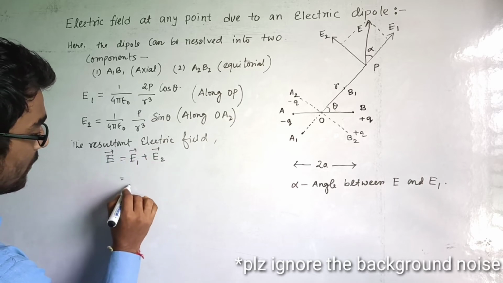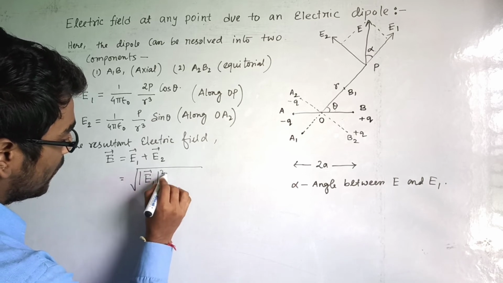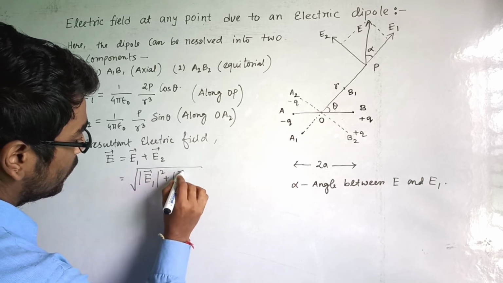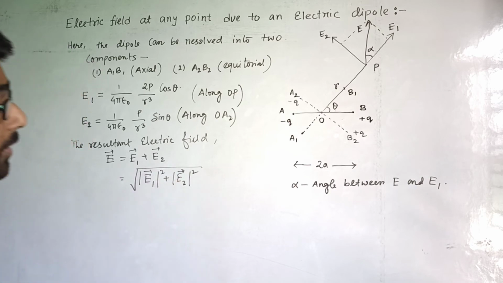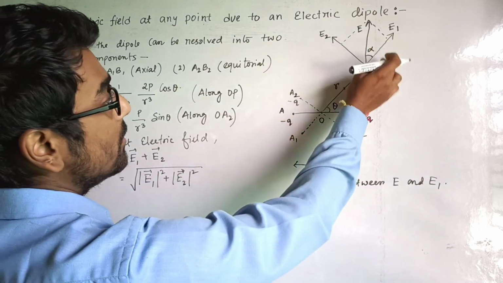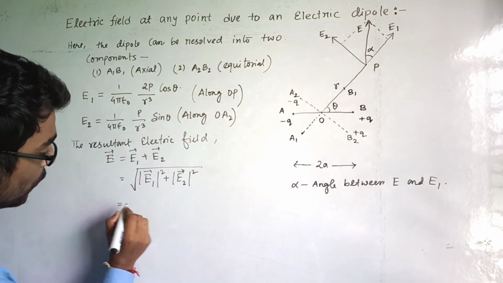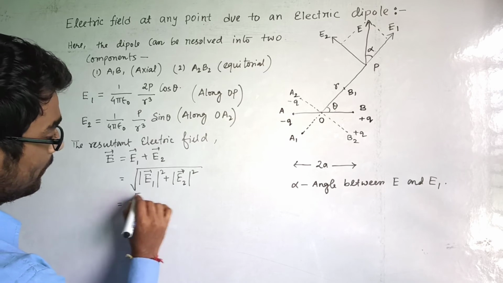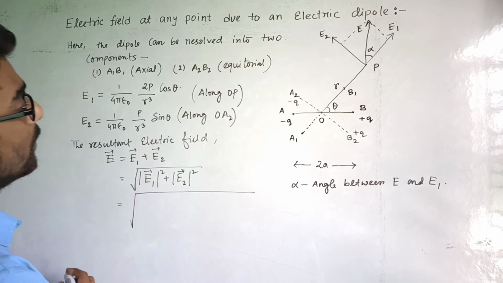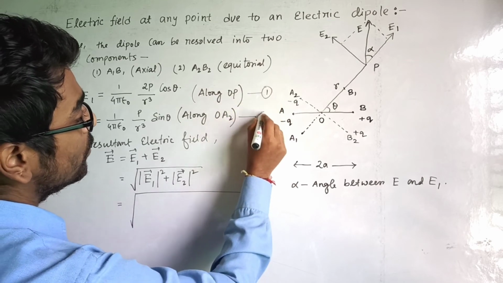So we can write the magnitude as the square root of E1 square plus E2 square, and the cos part will be 0 because the angle between E1 and E2 is 90 degrees. Let this be equation 1 and this one be equation 2.